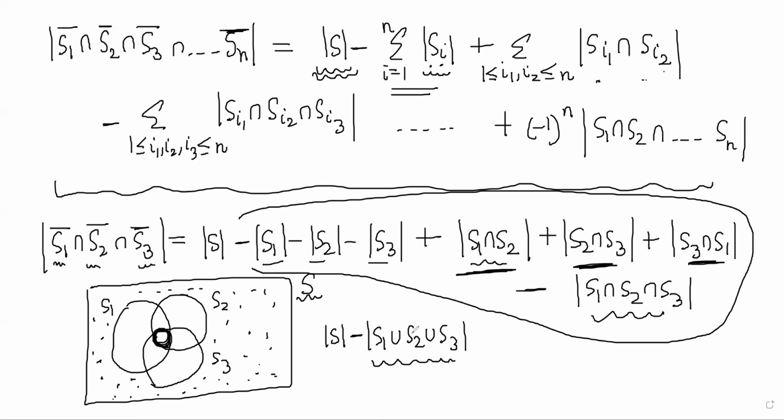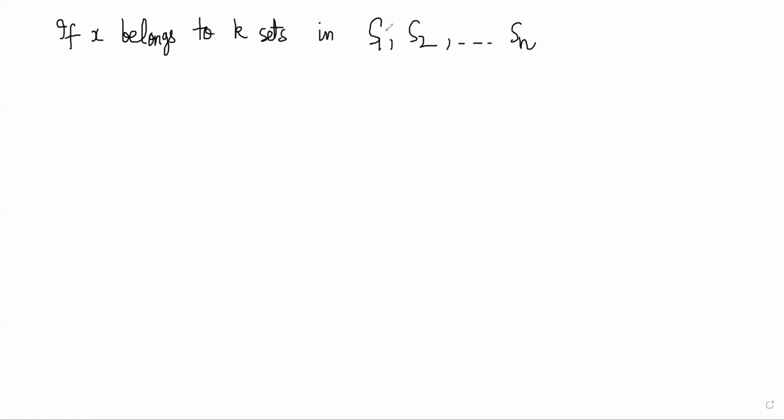So basically what I'm saying is that if X belongs to K sets among S1, S2, Sn, what does this mean?